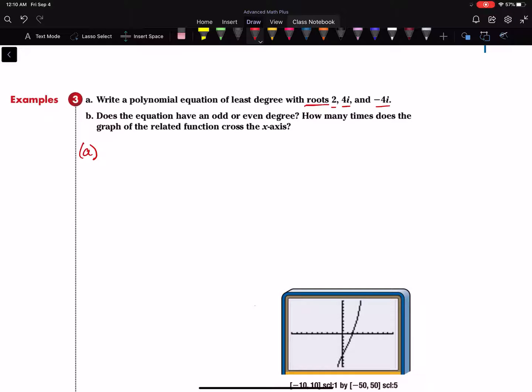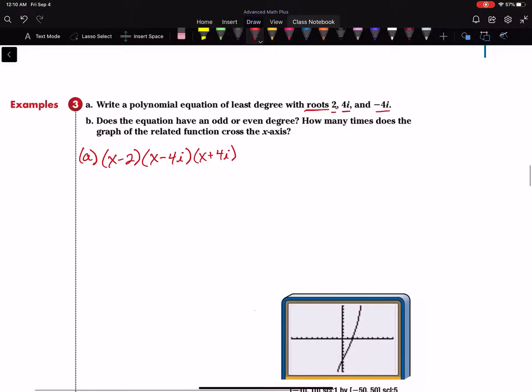So that means this is going to be a cubic, okay? And here's how you work it out. So if you have a root of 2, that means x minus 2 is a factor. If you have 4i as a root, that means x minus 4i is a factor. And if you have negative 4i as a root, that means x plus 4i is a factor.